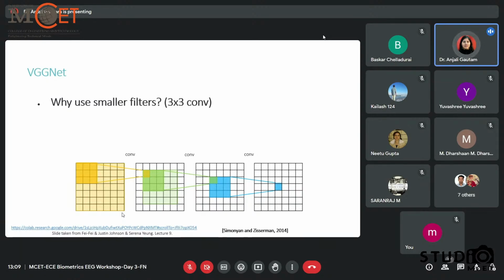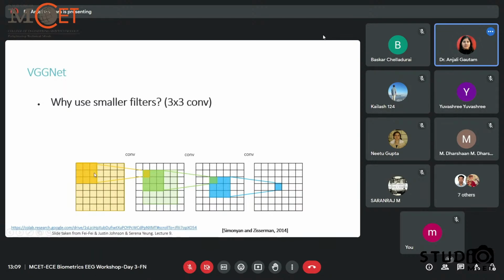Now the idea was that they have to compute a lot of things, so many operations have to be done. So what they did: why work on 7 cross 7? Why not work on 3 cross 3 but 3 times? Instead of 1 time, just do it 3 times. It will give the same result. So here also, they have performed 3 cross 3 on that image.